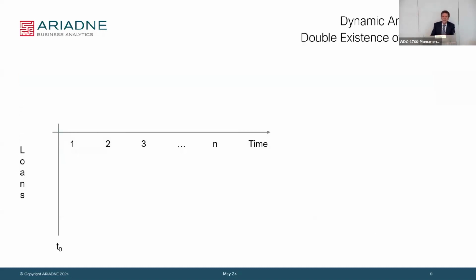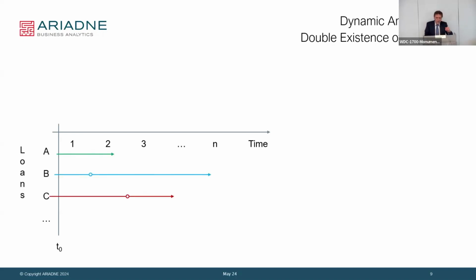We have this case. Let's say we are in T0 again. And now I don't look at the entire balance sheet, just at loans. But the balance sheet is made up of loans and everything, so I look at a section of it. And what do you have there? Let's say we have three loans or more, I just show you three. The green one, from some history, will end in 2.